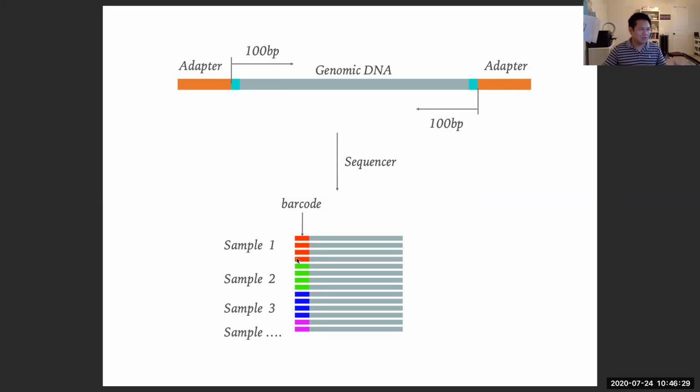If you provide a barcode for each sample, the machine does the same thing: it splits a lot of reads into different samples based on the barcode, telling you which reads are from sample 1 and which are from sample 2. So you're going to receive a lot of files named based on the sample names.